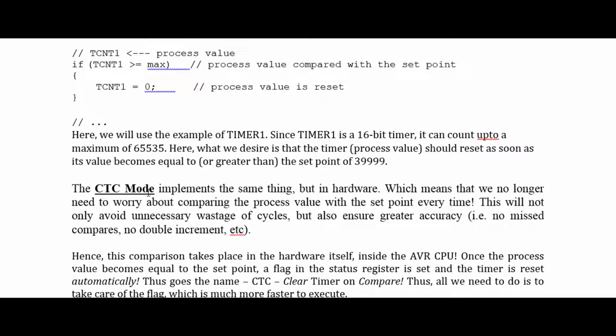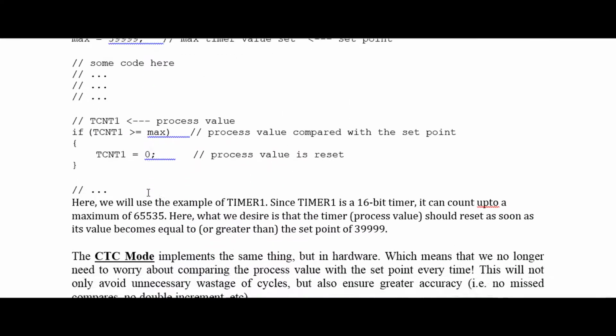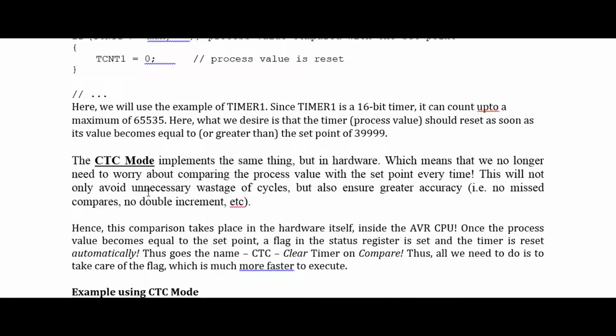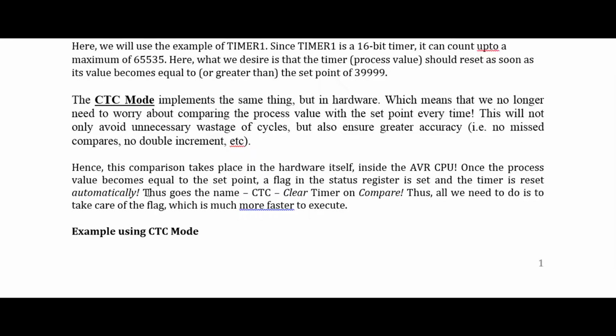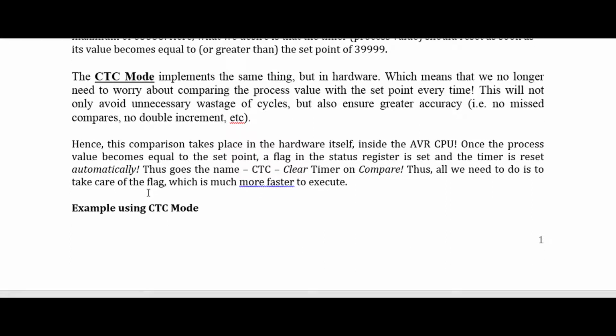The comparison will be done, and when the process value is equal to the set value, an interrupt will be fired. This will help reduce the needed cycles and ensure greater accuracy, hence the comparison takes place in the hardware itself.